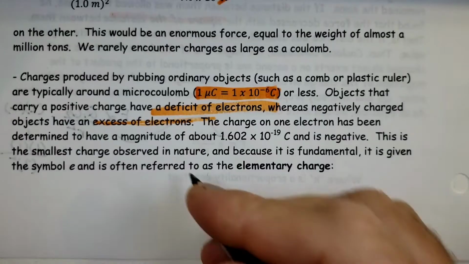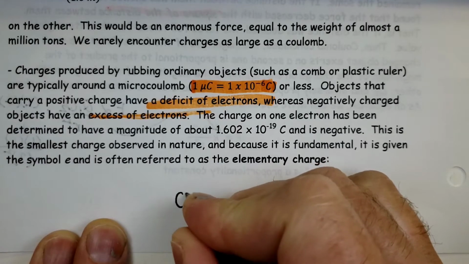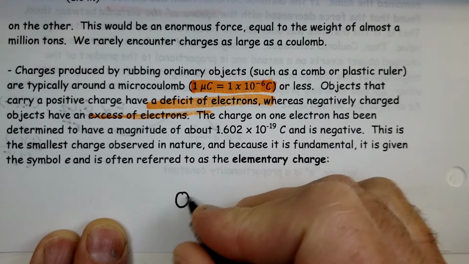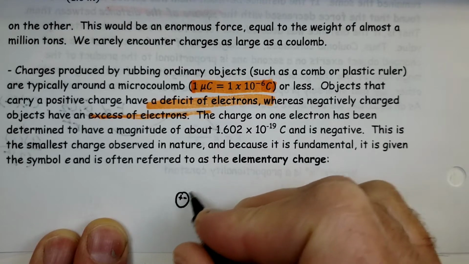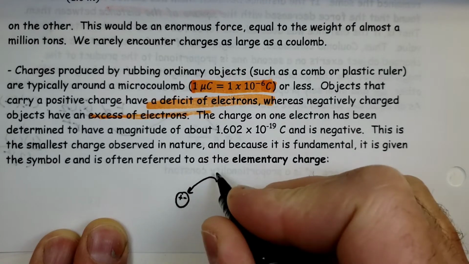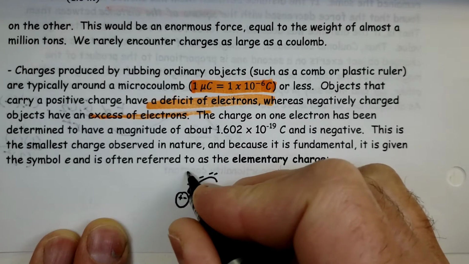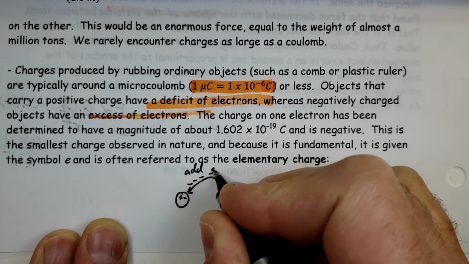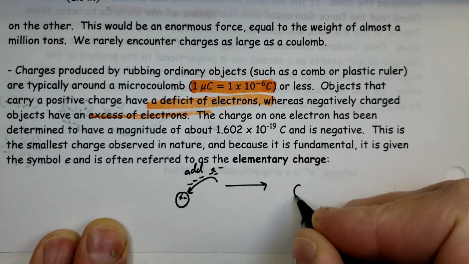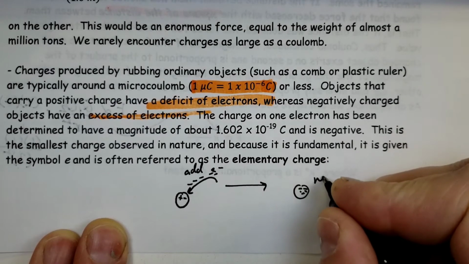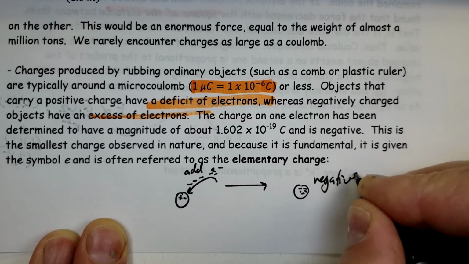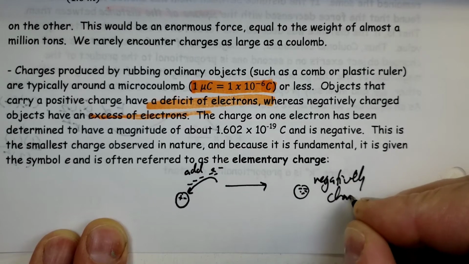So recall, ladies and gentlemen, that if you have an object that is neutral to start off with, I'll just write a positive and negative. If I want it to be negative, I add electrons, and then it becomes negatively charged.